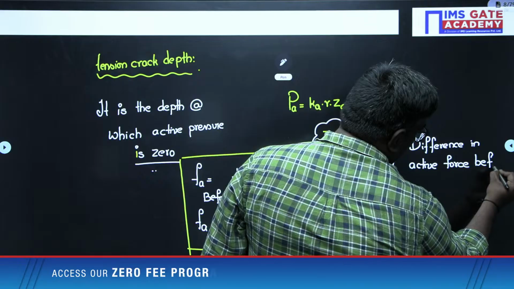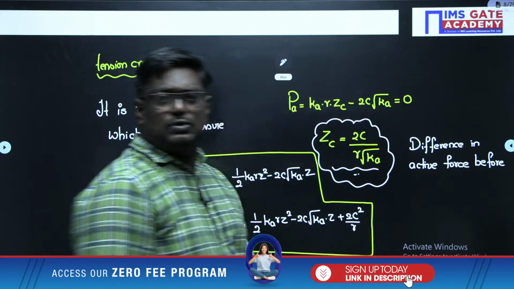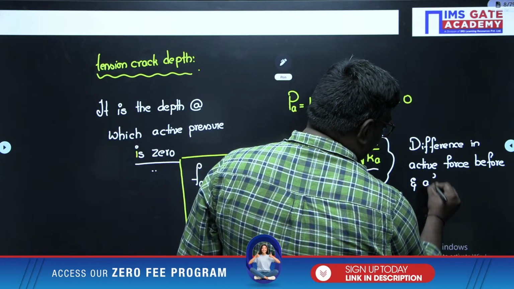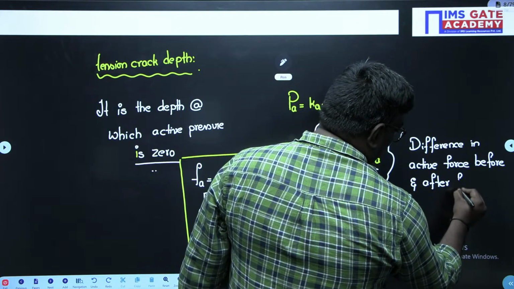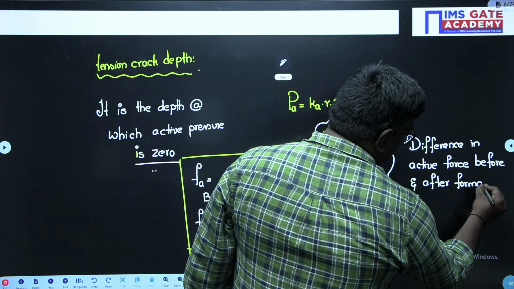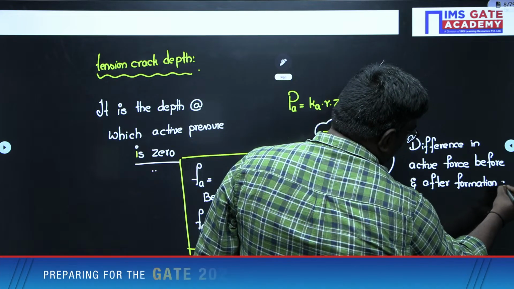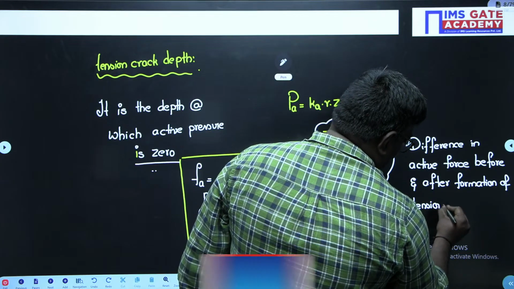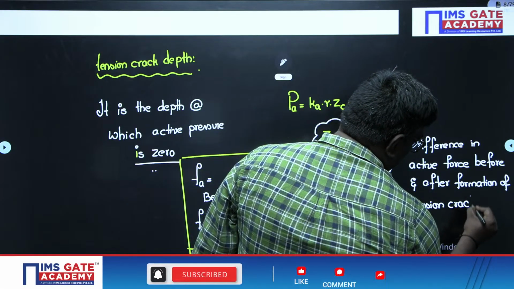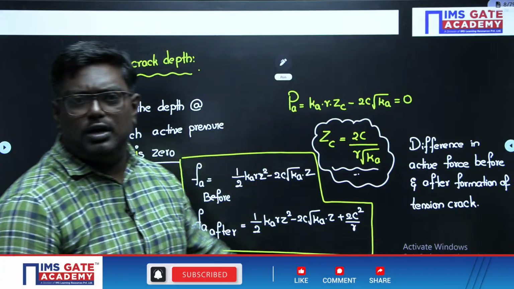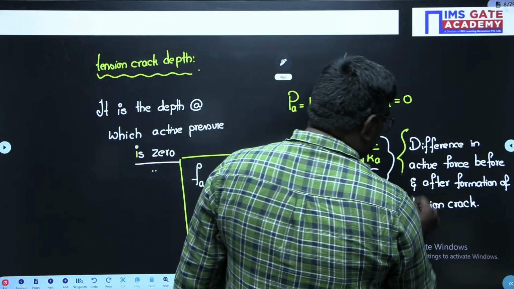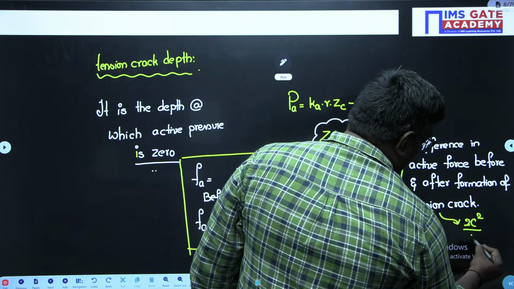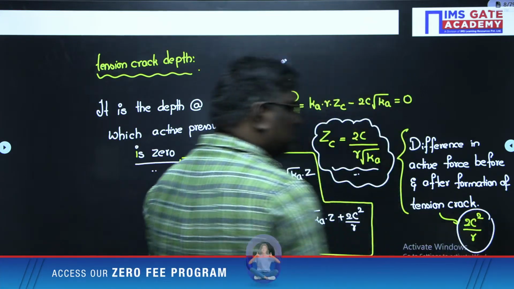The difference in active force before and after formation of tension crack is given by the formula 2c square by gamma. What is the formula, sir? This is 2c square by gamma.